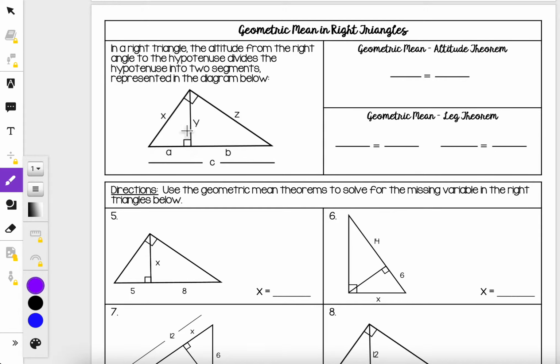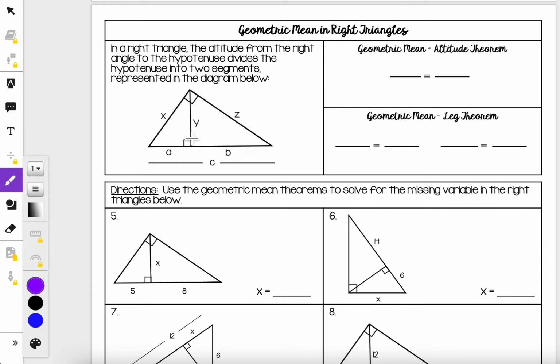This is where we have those 3 similar right triangles. The whole hypotenuse is going to be C, and we're going to break that up into this segment here, which I'm labeling A, and this segment here, which I'm labeling B.